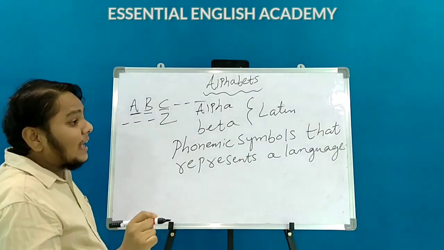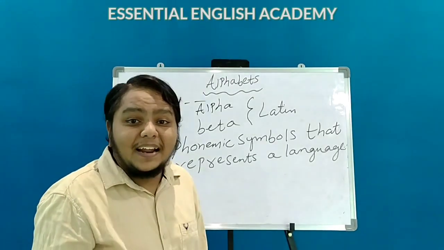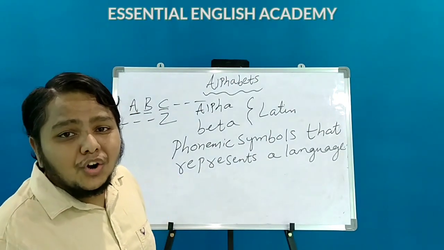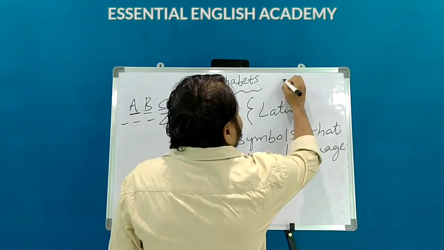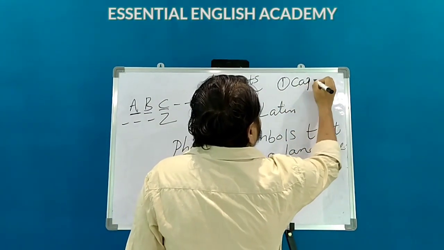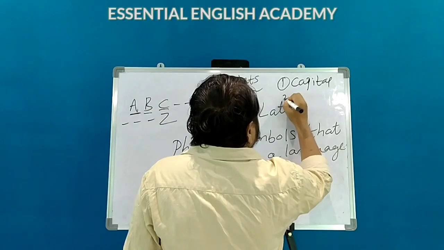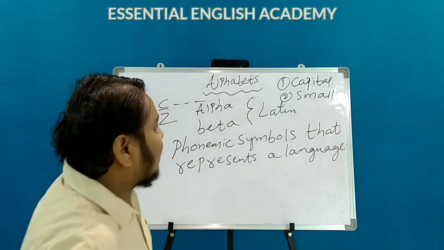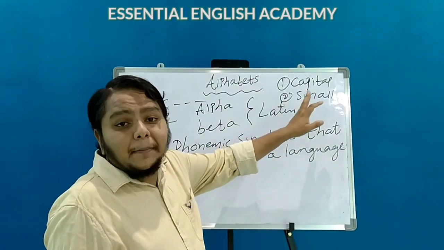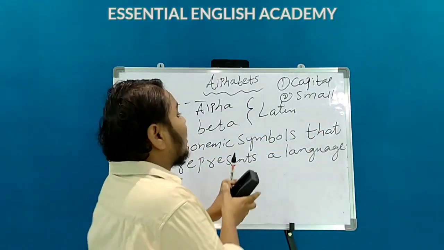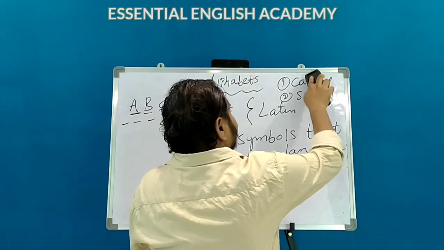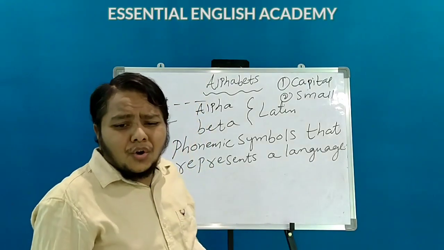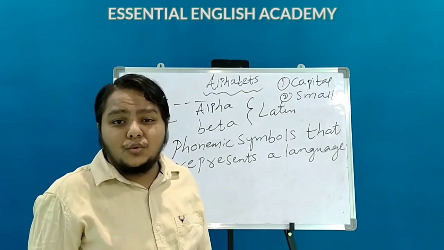In the English language, alphabets are classified into two types. We call them capital letters and small letters. Do you know what capital letters are also known as?